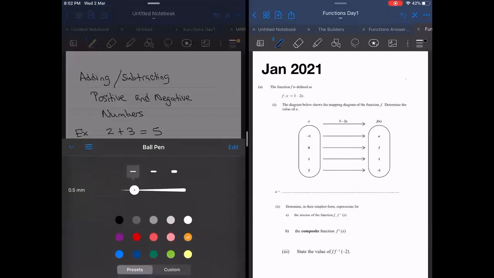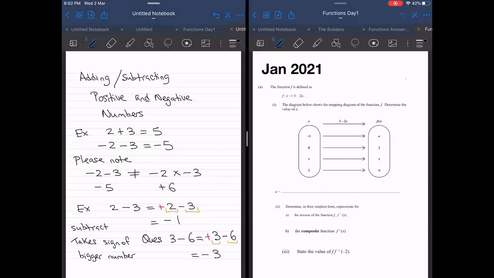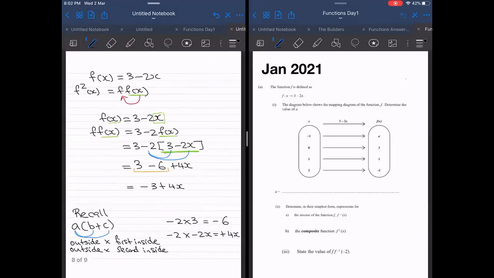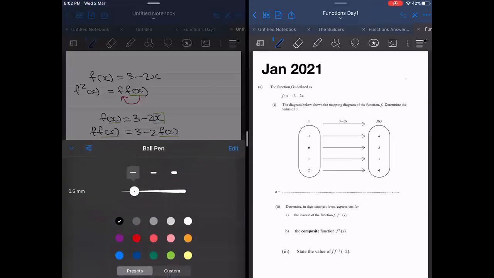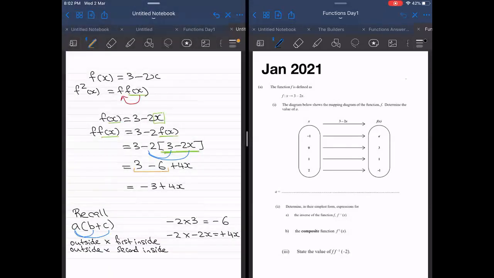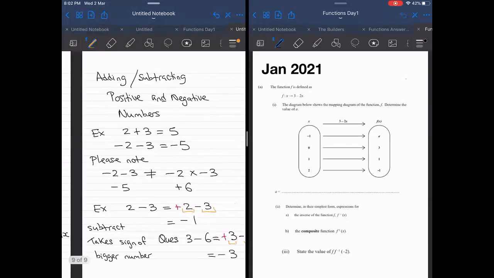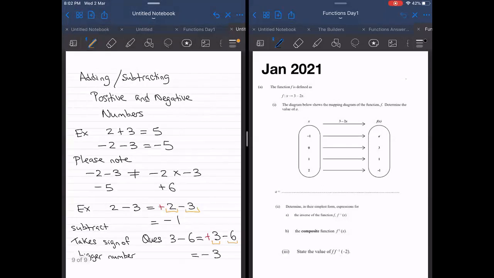And then I made it take the sign of the bigger one, which is the 6. So I'm going to come back to this page, but I'm just saying that that is why I said that 3 minus 6 was minus 3. So that's where I got it from. All right, guys, so take that off, and then we're going to do the final one.